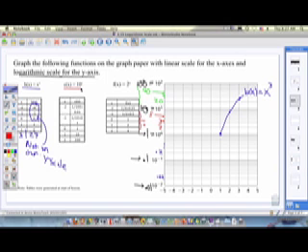Next we did 10 to the x. We have -2 under x, so I find -2 and a hundredth. Okay, -2, a hundredth. -1, a tenth. 0, 1. 1, 10. 2, 100.